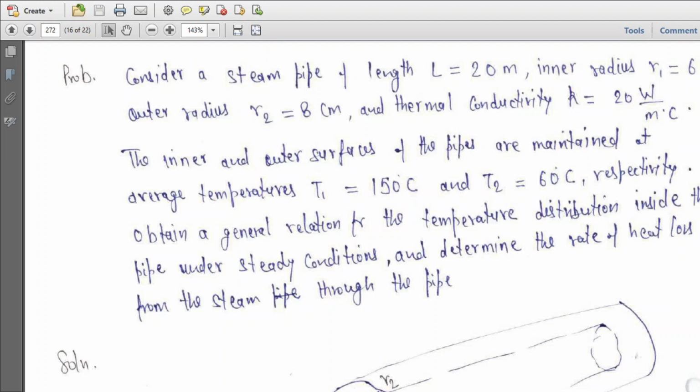Inner and outer surfaces of the pipes are maintained at average temperatures T1 equal to 150 degrees Celsius, T2 equal to 60 degrees Celsius respectively. Obtain a general relation for temperature distribution inside the pipe under steady conditions and determine the rate of heat loss from the steam pipe.